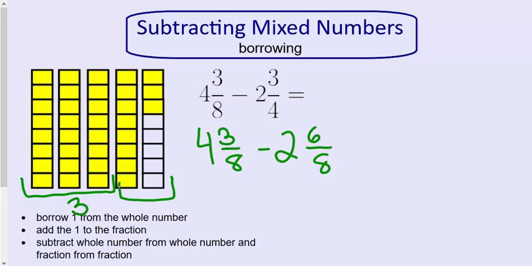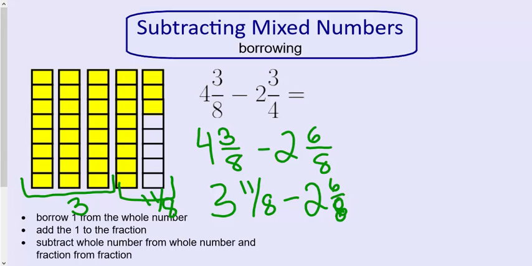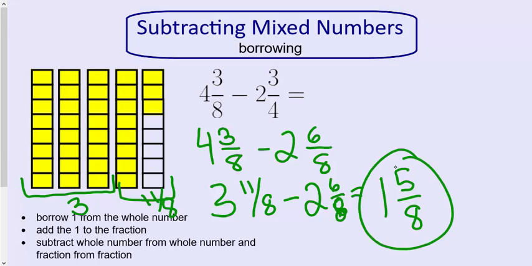Well, there's 8 in this full one here, plus 3 more in the partial, so that's 3 and 11/8. So 4 and 3/8 is the same thing as 3 and 11/8. And I want to subtract 2 and 6/8 from that. Well, 3 minus 2 is 1, and 11 minus 6 is 5. So my answer is going to be 1 and 5/8.